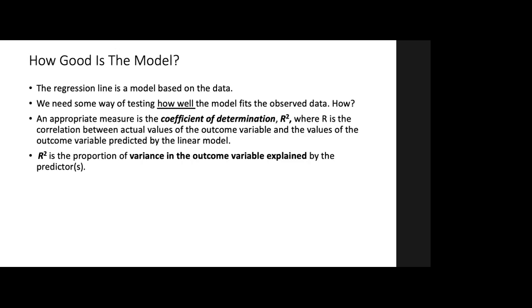An appropriate measure to assess the goodness of fit, so how well our model actually describes the data, is the coefficient of determination. It's called R squared. R, the square root of R squared, is simply the correlation between the actual values of the outcome variable, the actual weights of our animals, and the values that were predicted by our linear model.